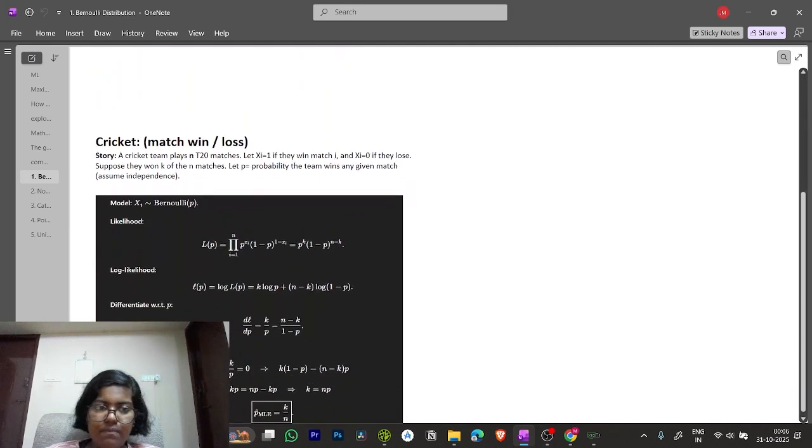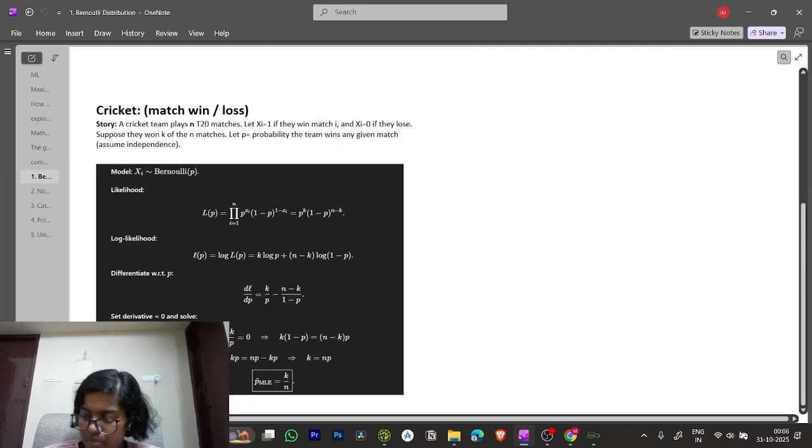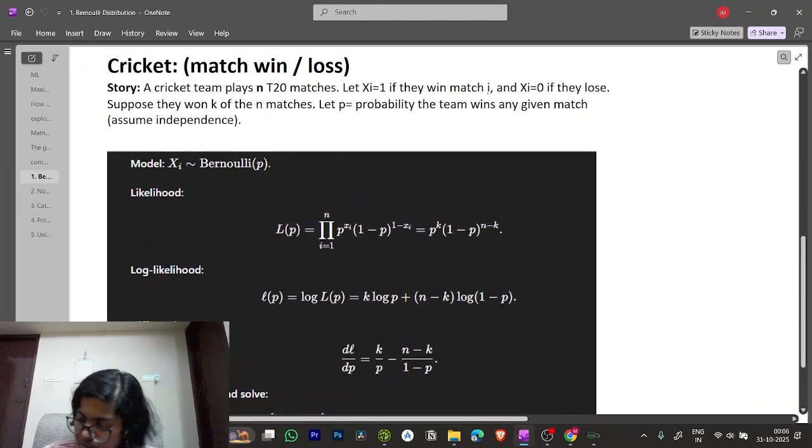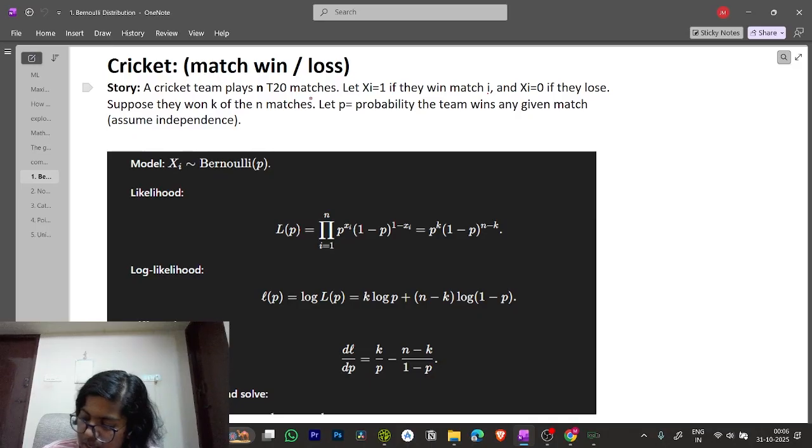Here we have another case, a cricket match. Read this. A cricket team plays n T20 matches: x1 is equal to 1 if they win a match, and x1 is equal to 0 if they lose a match. It's like how we say head, tail. Here we are saying 1 for win and 0 for loss.